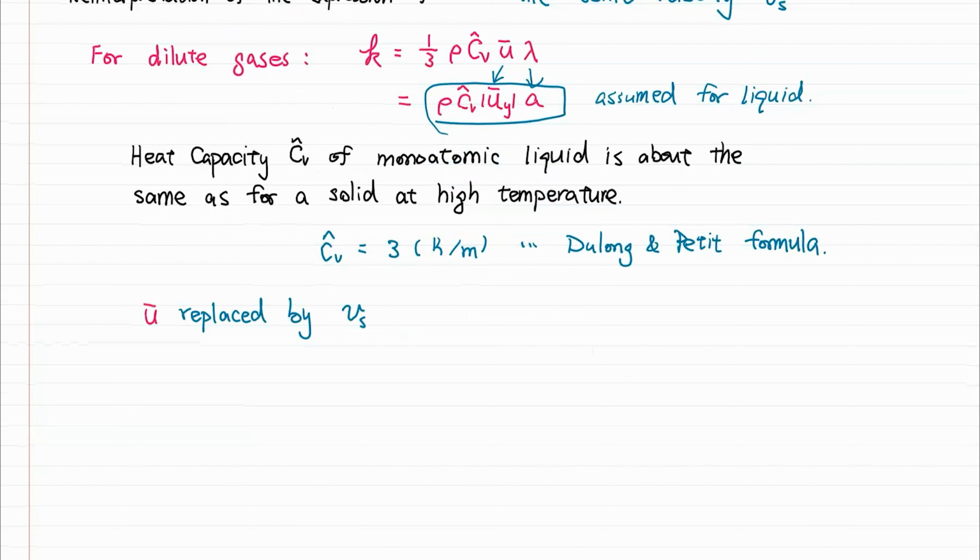And the characteristic length, lambda, is substituted by the average distance between two lattice planes, right? So that's going to be (V over N) to the 1/3 power.